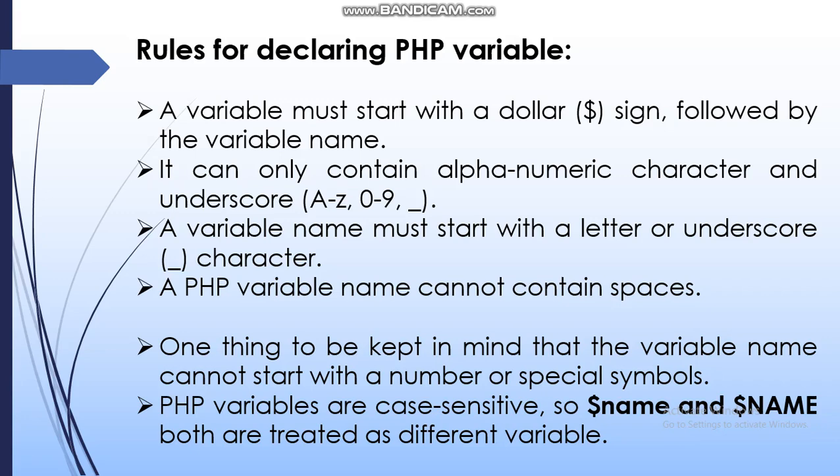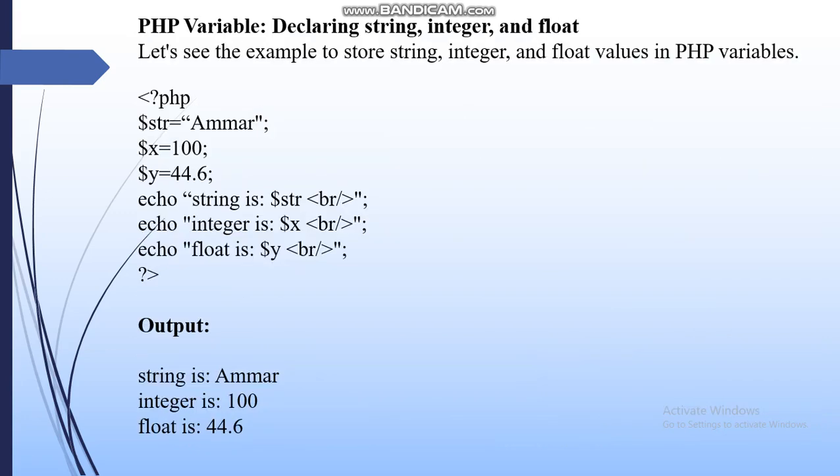Getting it. Now see the example of variables: how to declare a string variable, an integer variable and a float variable. Everyone knows the syntax of PHP: the less than sign, which we call an angle bracket, then question mark php, and inside that we write the PHP code and end with question mark and the greater than sign.